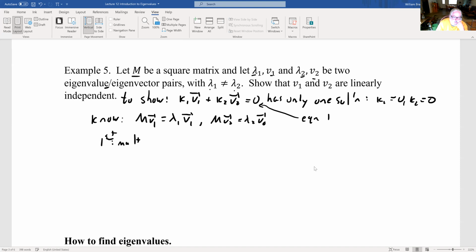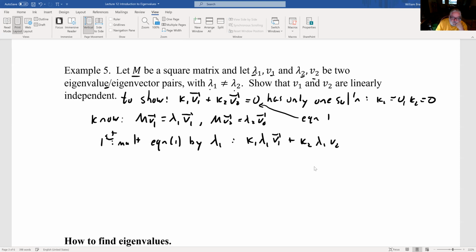first multiply equation 1 by lambda 1. That gives me k1 lambda 1 v1 plus k2 lambda 1 v2 equal to 0.